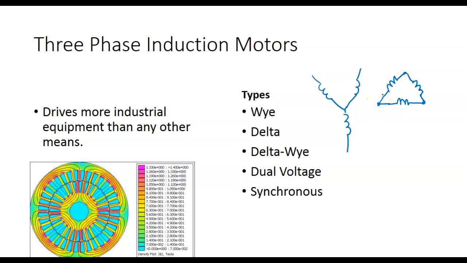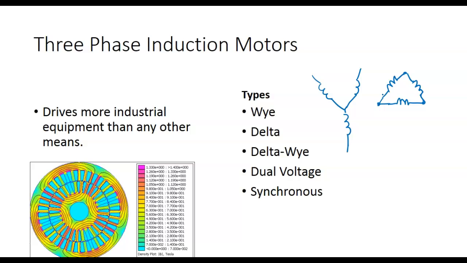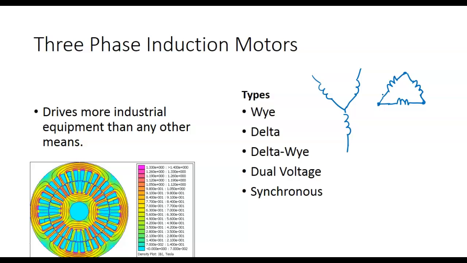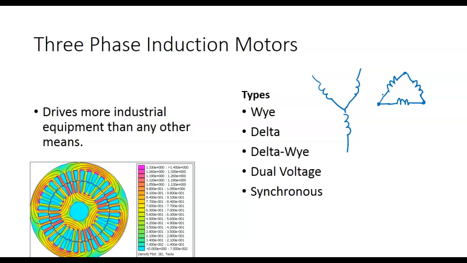Now, Delta motor, Y motor makes absolutely no difference. It's transparent to you. All you know is it's got this voltage, this run current, and this horsepower. That's all you know.